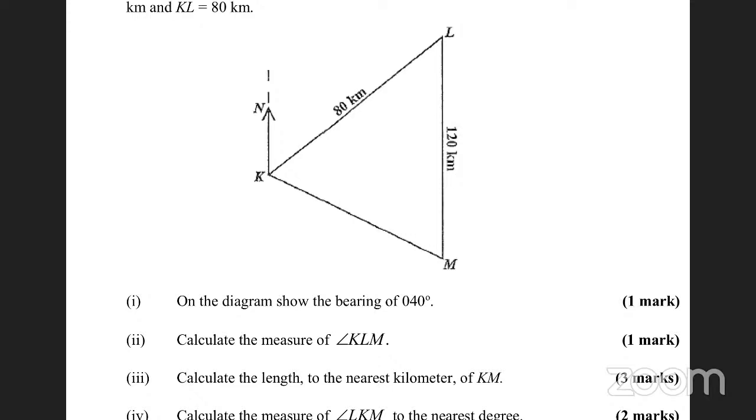They want you to get KLM and they want you to get the length after. Look at where they want you to get the angle, and after you get the angle, find the length KM.